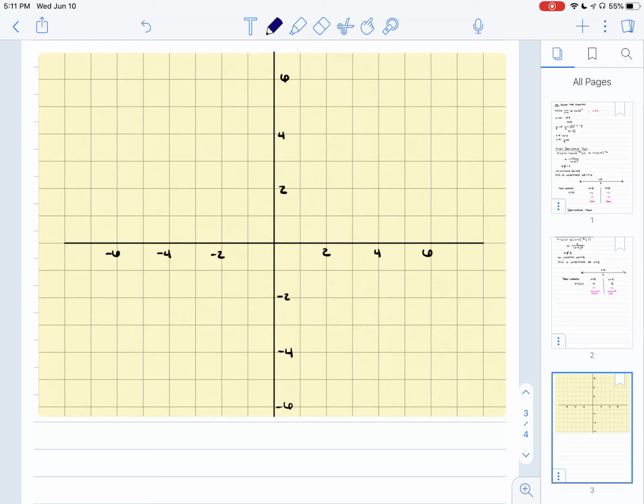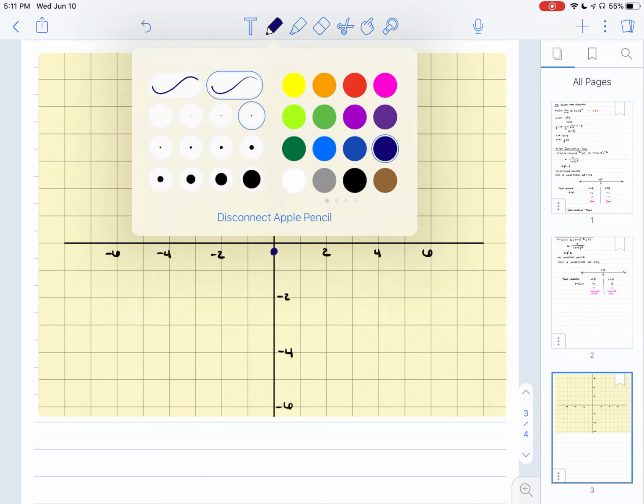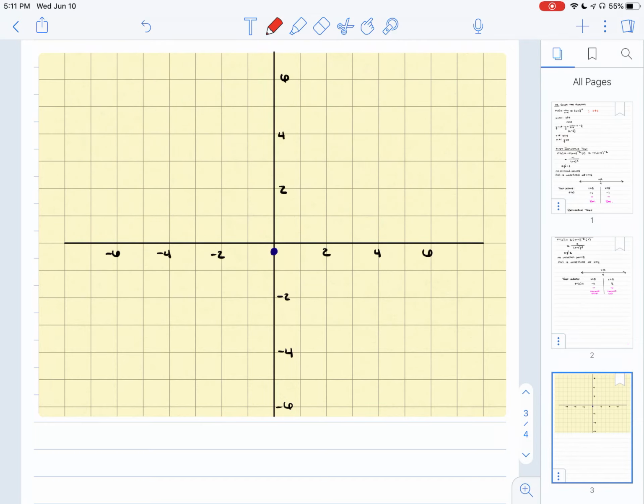So y-intercept is at a -1/4. Kind of do my best to estimate that. And we had a vertical asymptote, we said at x equals 4. And our horizontal asymptote was at y equals 0.